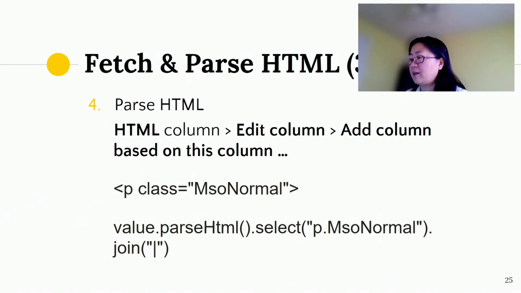We know in an HTML file, we have the header part and the footer part, and we are not interested in those contents. We're interested in the item entries, and they are all paragraphs. This is the p tag of all those paragraphs. So we just select this tag, and we join them using the pipe symbol. We will see how it works later.